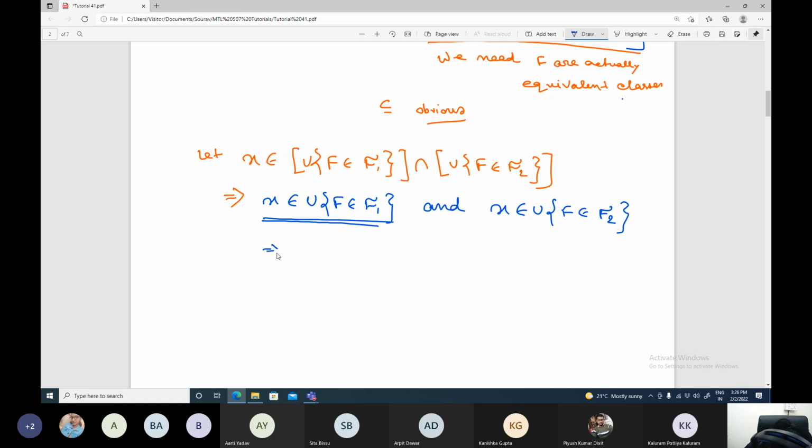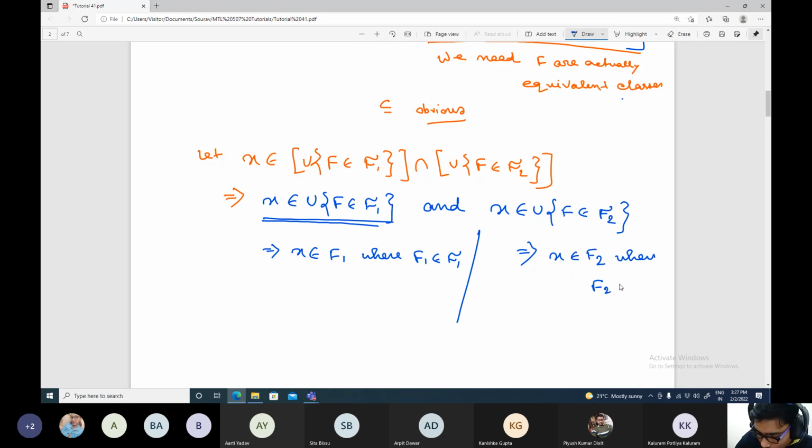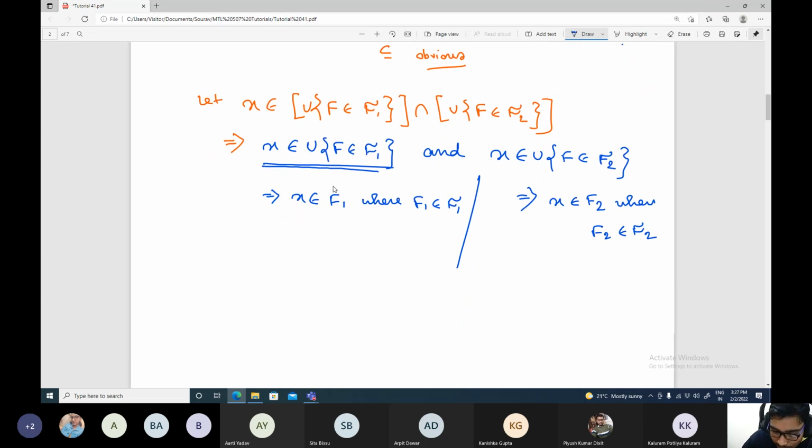Meaning x belongs to some F1, where F1 belongs to this collection F1, and x belongs to some F2, where F2 belongs to the collection F2. You have one element from this collection which contains x, and one element from the collection F2 which contains x as well.